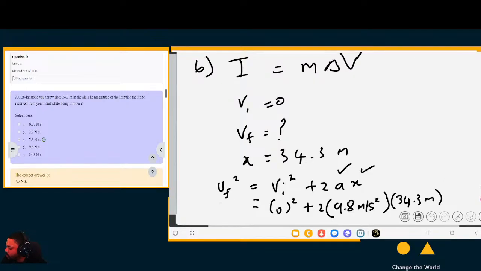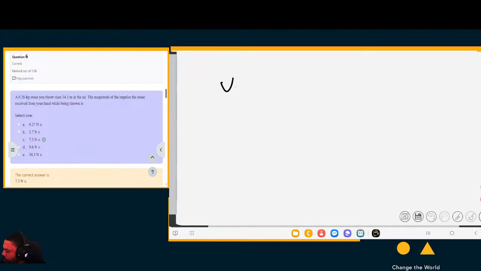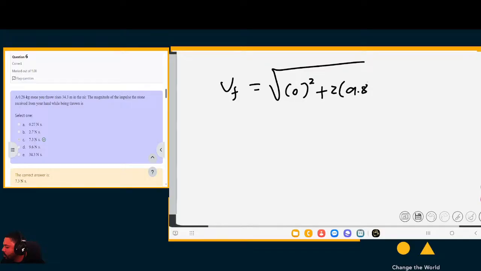If you were to find the square root of it, v final is then equal to the square root of 0 squared plus 2 times 9.8 times 34.3.